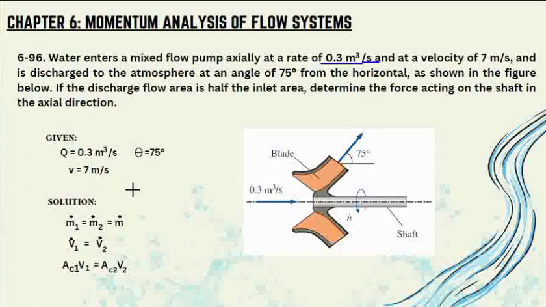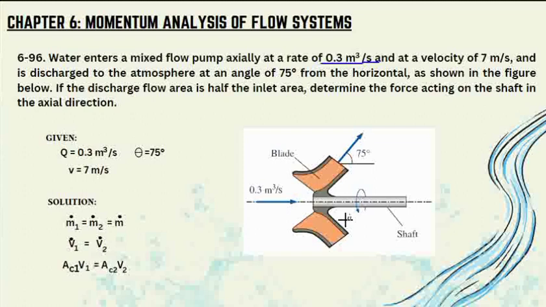Our assumptions in this problem are that the flow is steady and incompressible. The forces acting on the piping system in the horizontal direction are negligible, and the atmospheric pressure is disregarded since it acts on all surfaces.